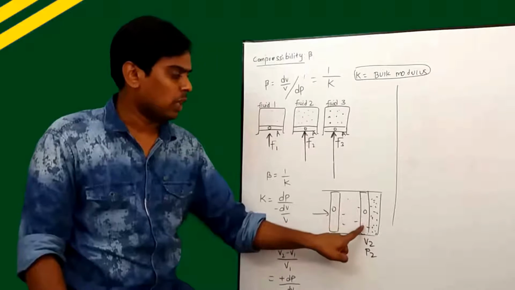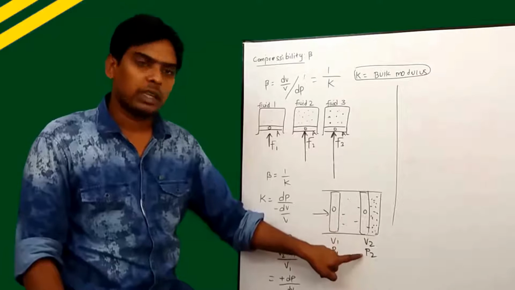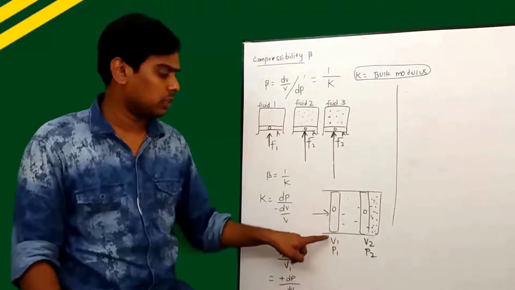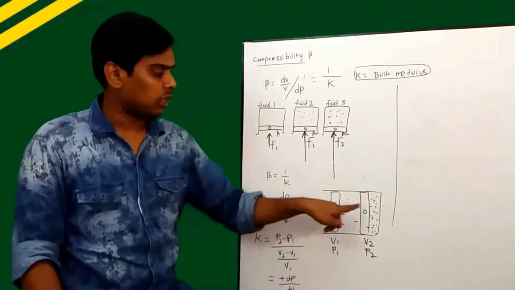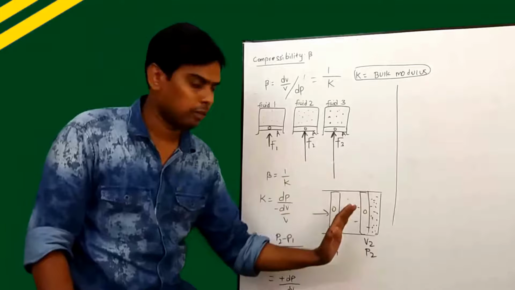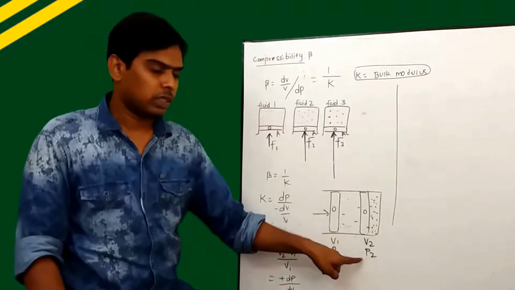Here it is. Then the volume changes to V2 and the pressure increases, that is now P2. So initial conditions are V1, P1; final conditions after compressing the gas inside are final volume V2, final pressure P2.